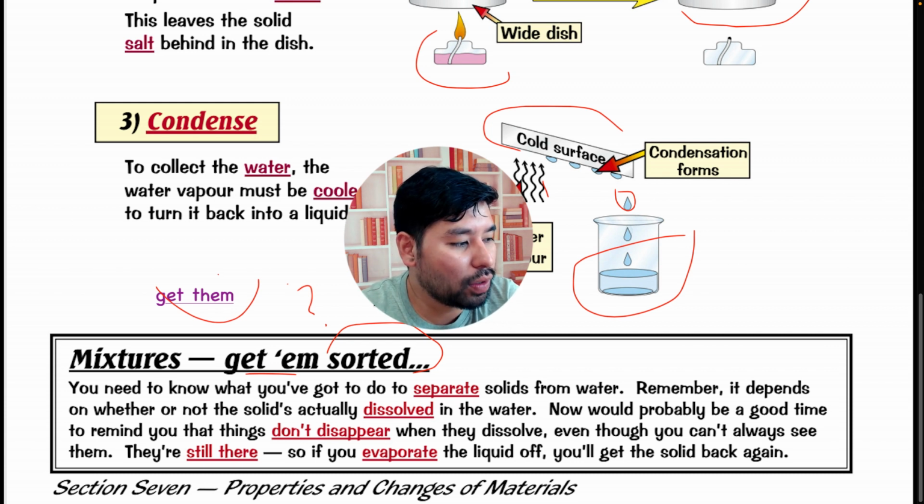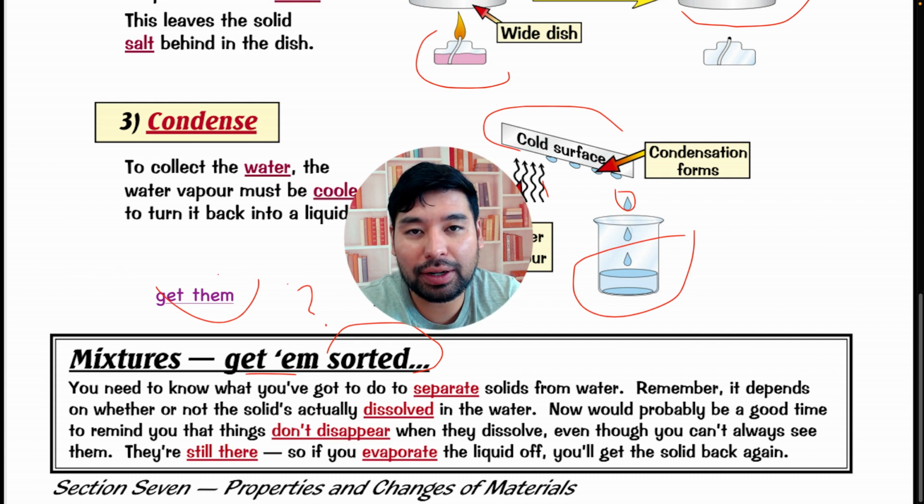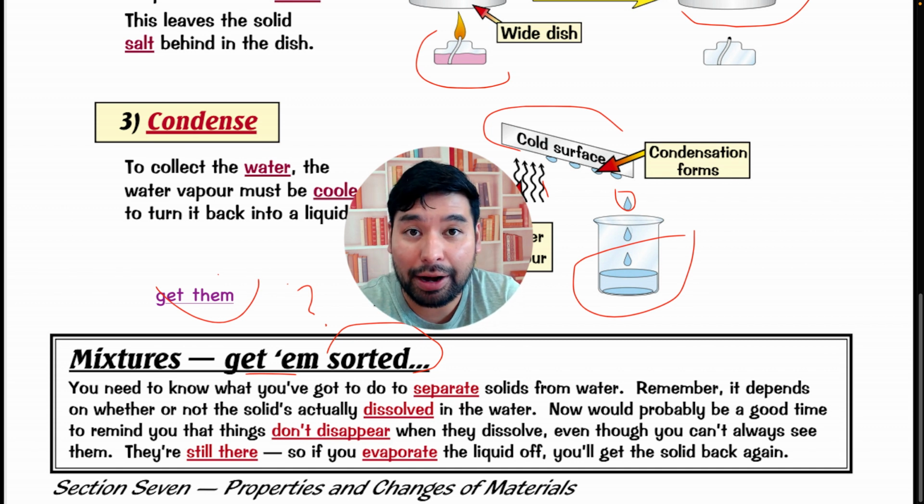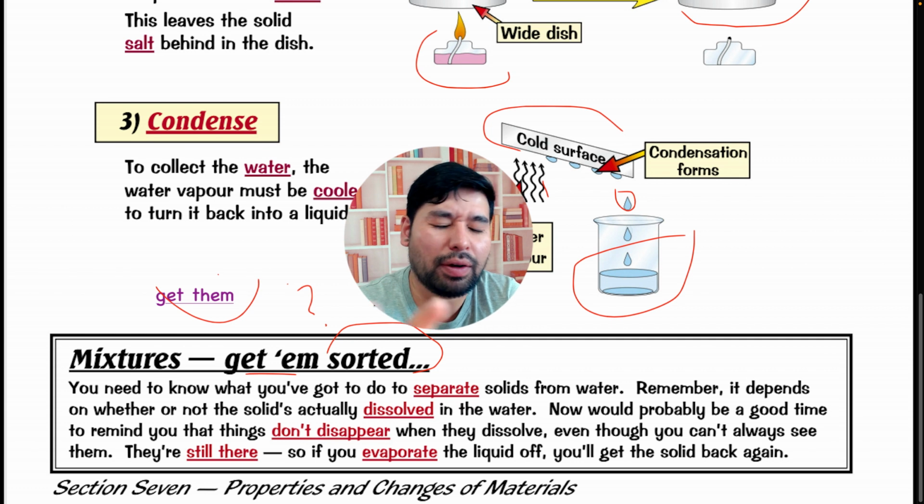And now would probably be a good time to remind you that things don't disappear when they dissolve, even though you can't always see them, okay? So of course, before I said they kind of disappear, but I mean, of course, they don't disappear. They are there, okay? They mix with the other one, and something new is created. Anyway, it's still there, right?